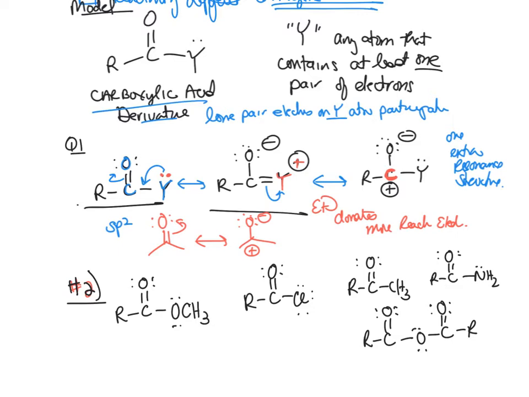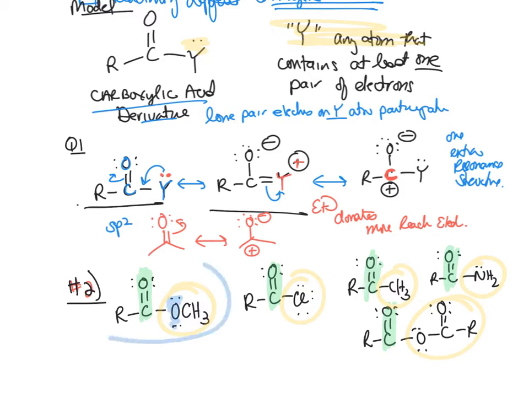Okay, so here we have, let's find our carbonyl. Here's our carbonyl. Carbonyl, carbonyl, carbonyl, carbonyl. Now what we're looking at is the Y group. So I've circled the Y, and then we've got to see if we have a lone pair on that atom.